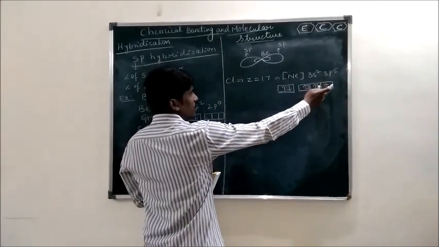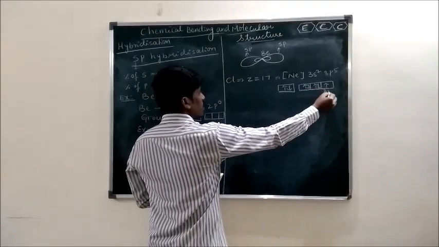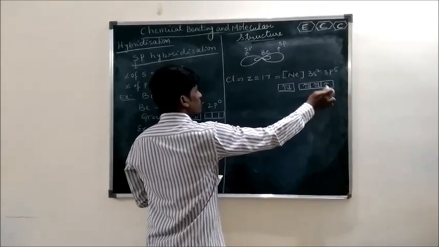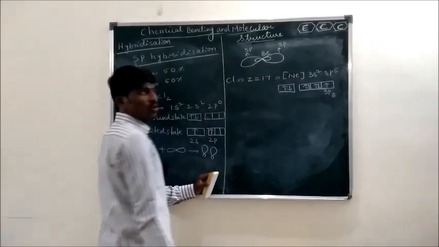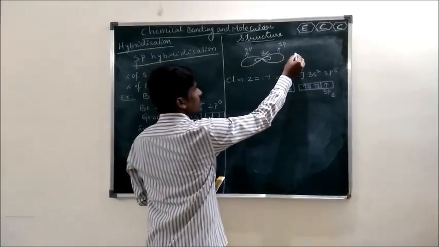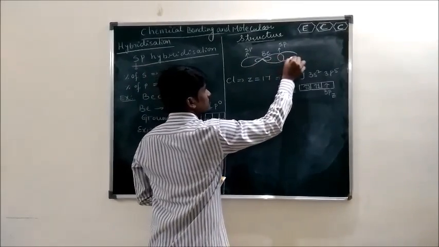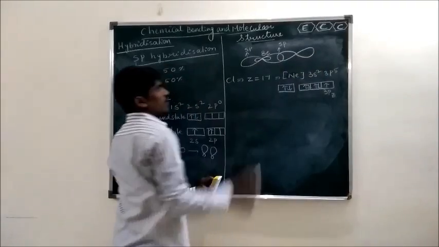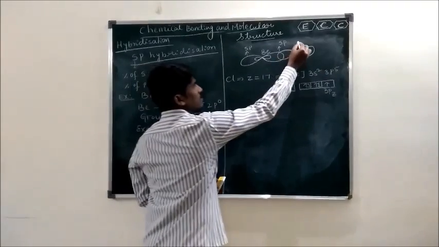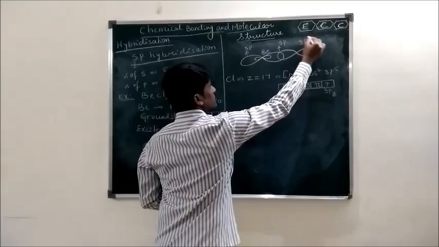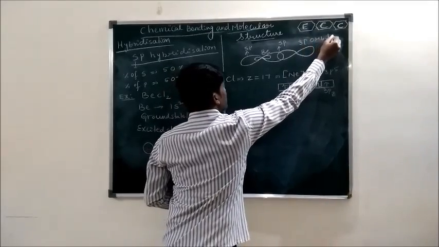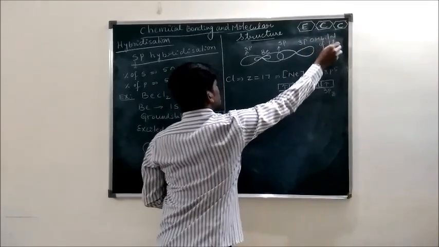This unpaired electron is present in the 3pz orbital. The 3pz orbital of the chlorine atom can undergo overlap with the sp hybrid orbital of beryllium. It will undergo overlap. This is the 3p orbital, or you can write 3pz orbital of chlorine.